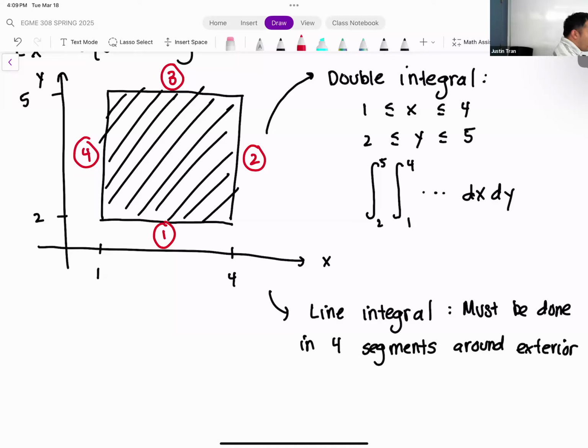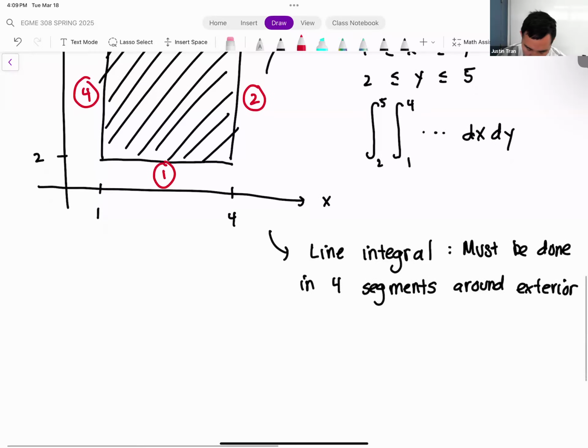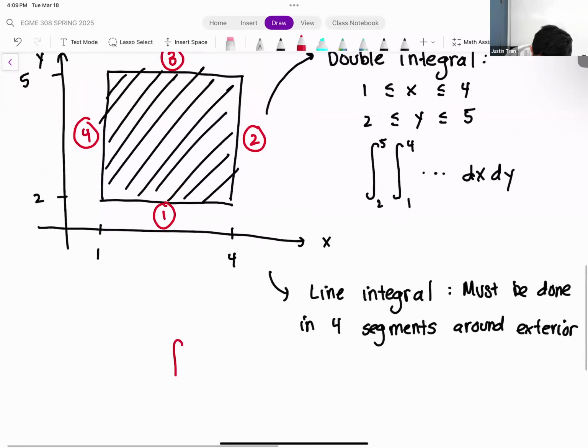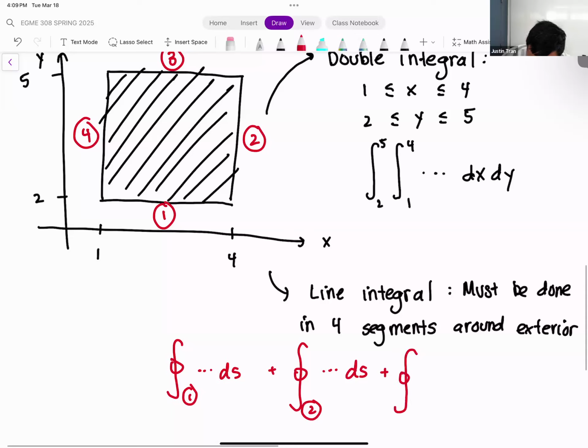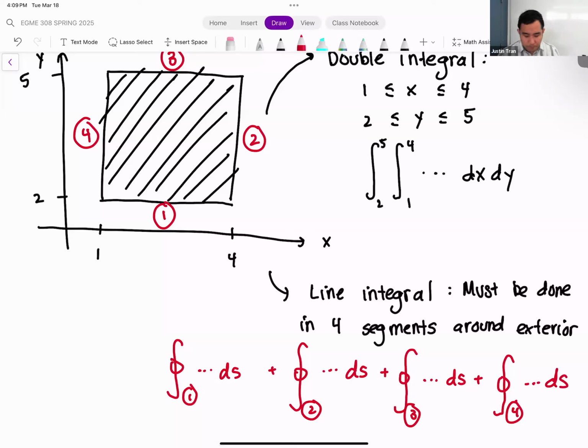And so if we wanted to do a line integral around this region, we have to do 4 separate integrals, one for each segment of the square. So we're going to have the line integral on segment 1 ds, plus the line integral on segment 2 ds, plus the line integral on segment 3 ds, plus the line integral on segment 4 ds.